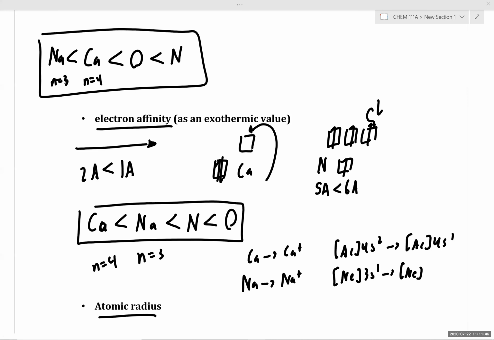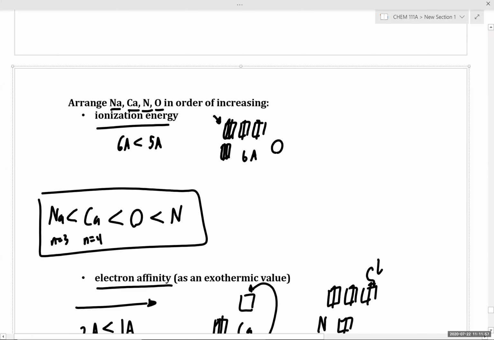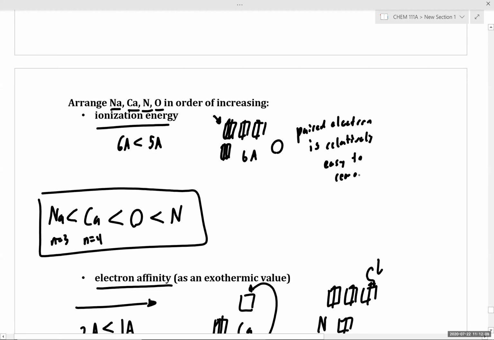The reason why oxygen has a lower ionization energy, as we discussed in our list of exceptions, is that oxygen has a paired electron, and this paired electron is relatively easy to remove. Well, if we compare oxygen to nitrogen, nitrogen does not have a paired electron, so removing this unpaired electron is relatively difficult.